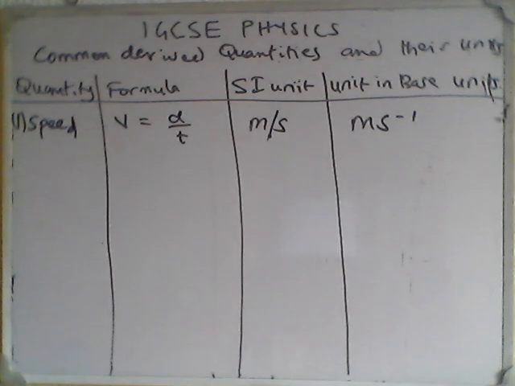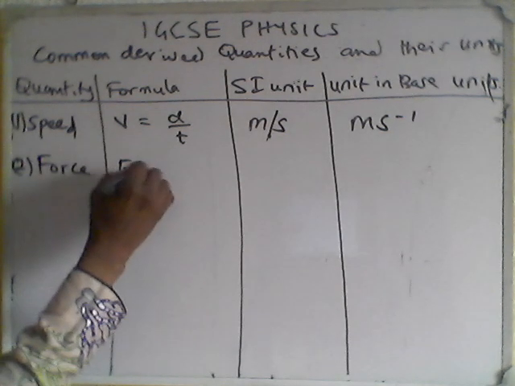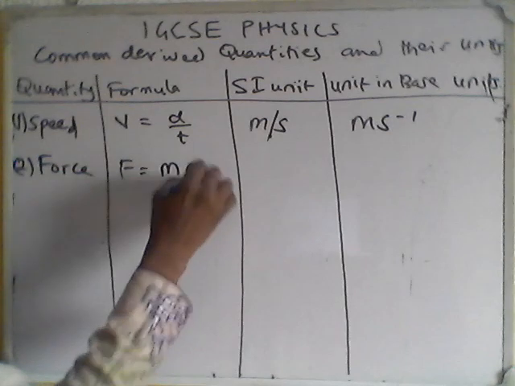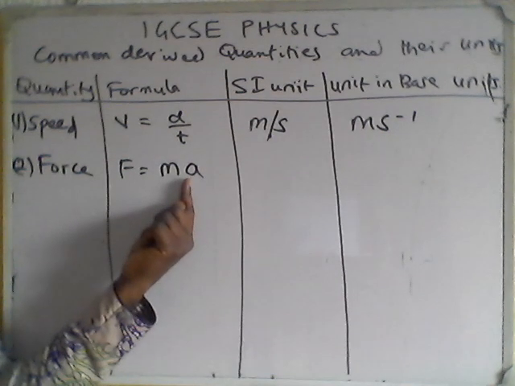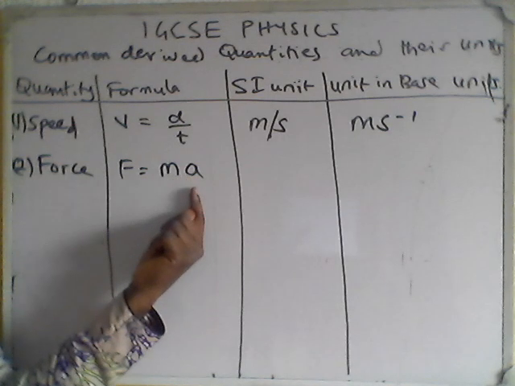Okay, so the next derived quantity I want to discuss is force. Force is F, the combination of mass and acceleration. Actually, acceleration itself is not a fundamental quantity, but acceleration also came from velocity and time.